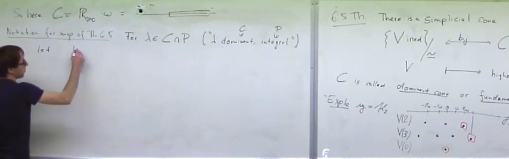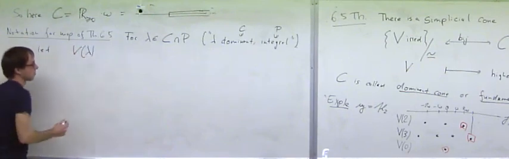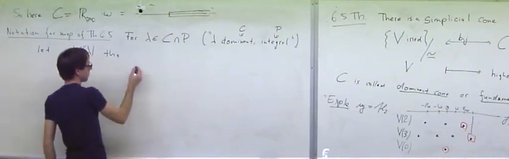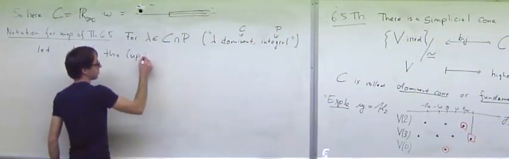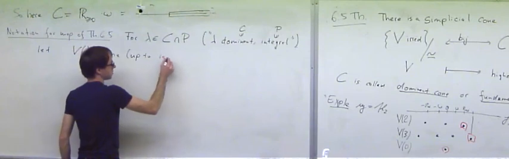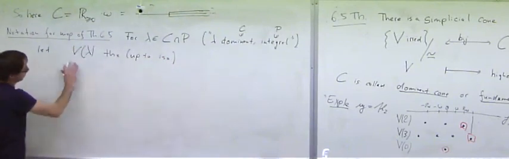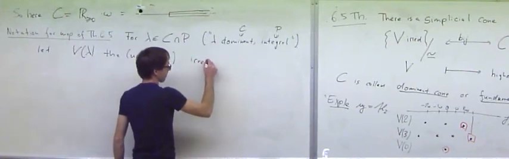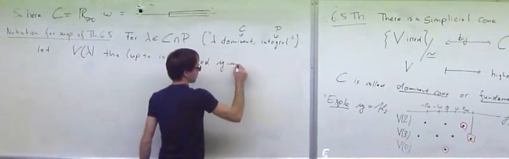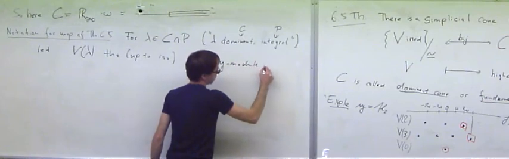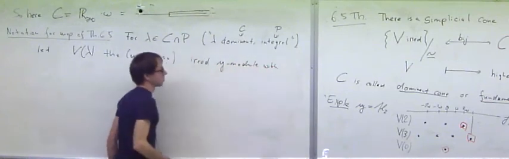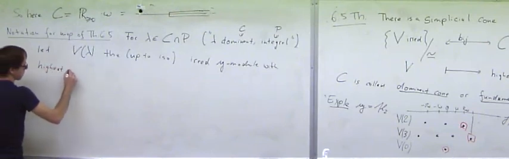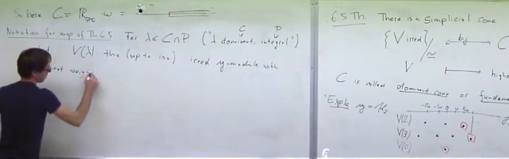I denote by V_lambda, up to isomorphism of course, so this is almost uniquely defined, the irreducible G-module with highest weight lambda.